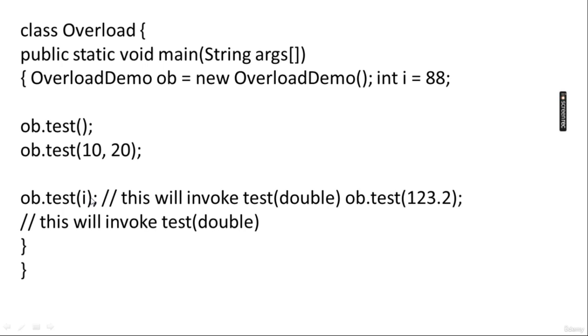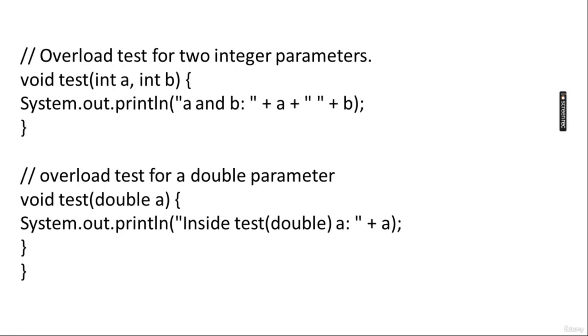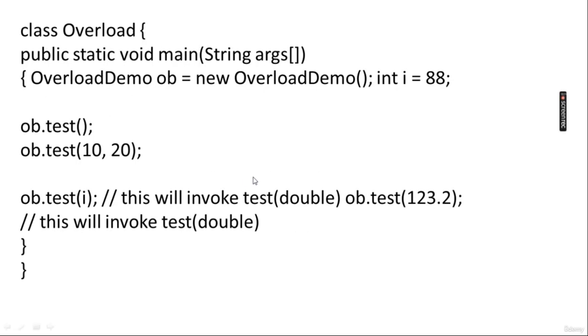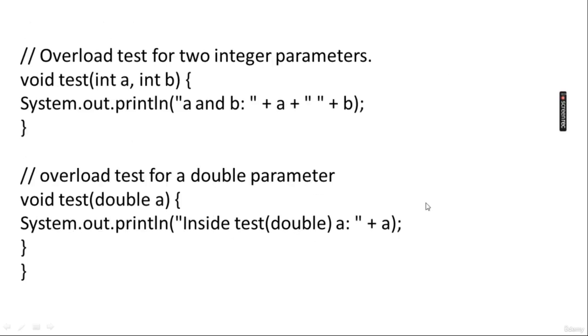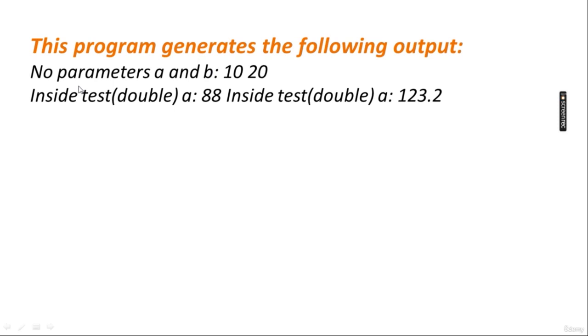So the method with a single integer parameter is not present here. So what will it do? It will invoke test of double. Why? Because int can be converted easily to a double value. So it will call ob.test to double A, and this System.out.println will print inside test double A colon, value of A. So what is the output?